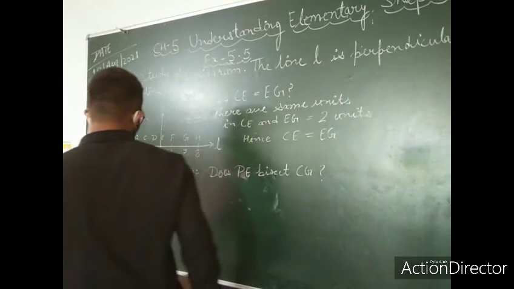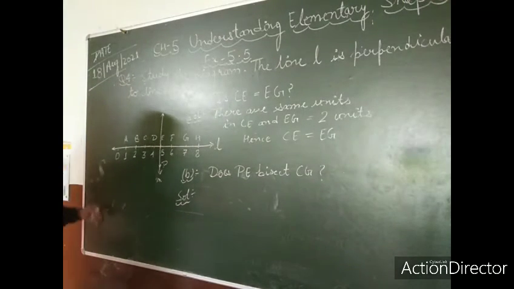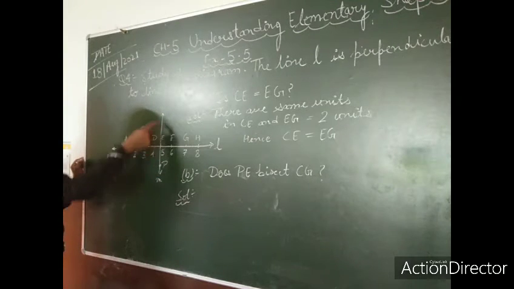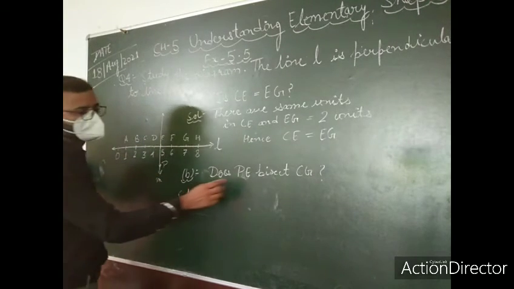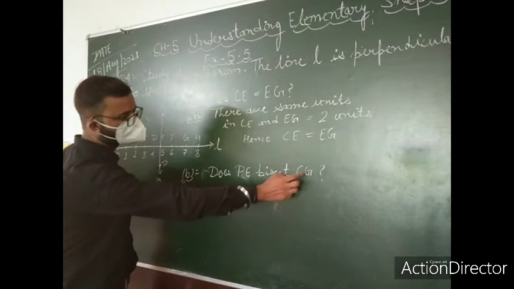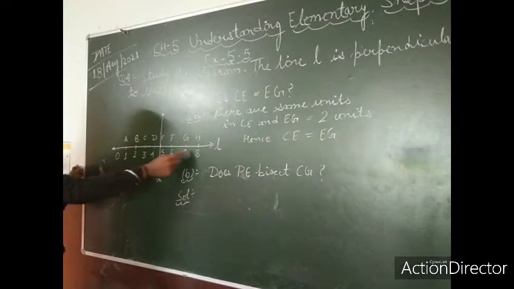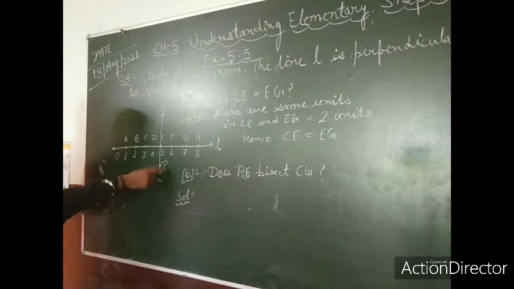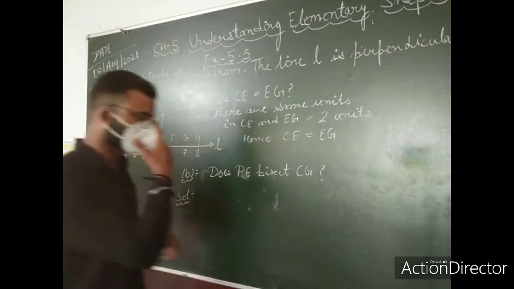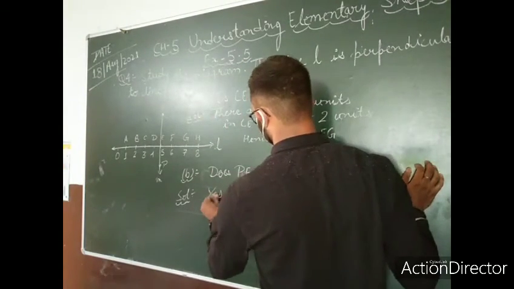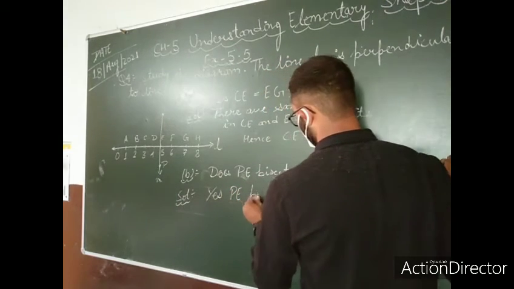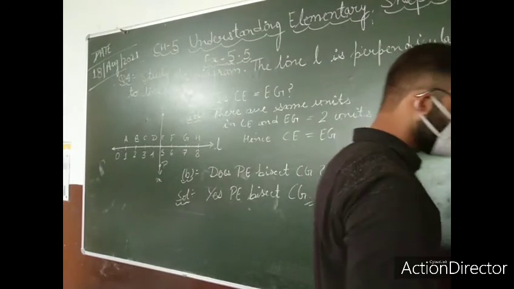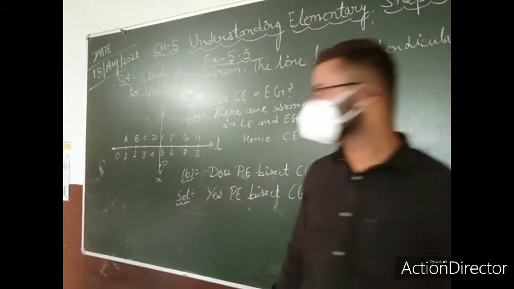Now here we take another points, and the line PE. The question is, does PE bisect CG? Where is CG? They bisect each other, yes or no? Yes, PE bisects CG. So here we write, PE bisects CG.